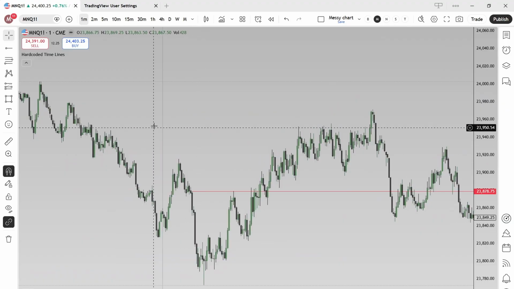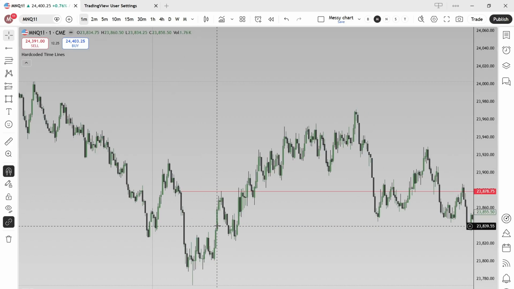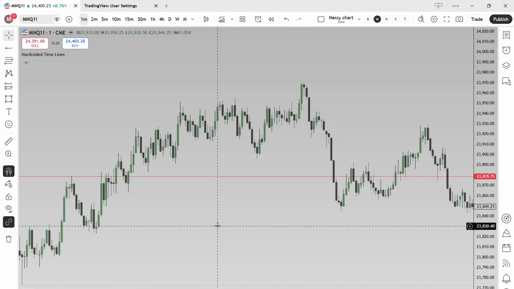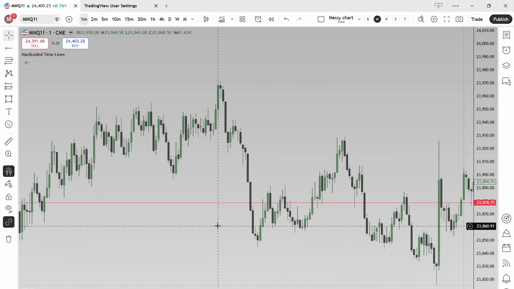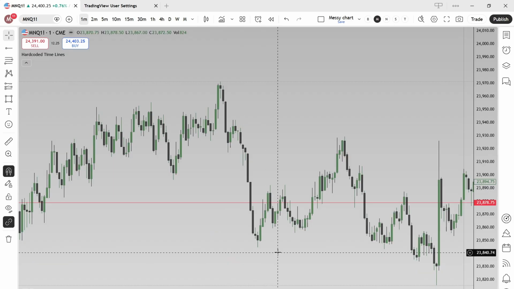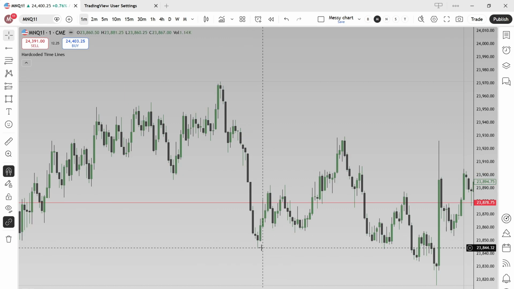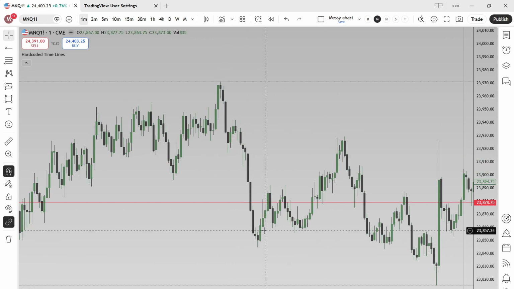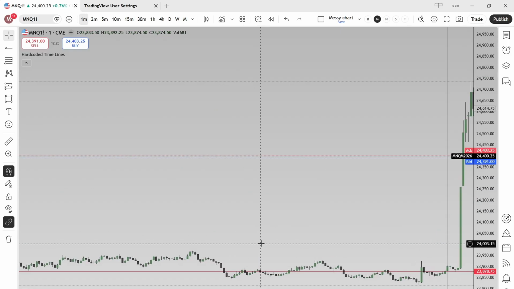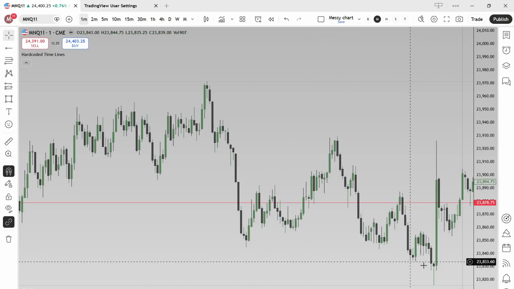After liquidity gets taken out, this high getting taken out, you wait for a retracement. This liquidity right here, if this move took out this high, I would have trailed to the bottom of this. If this took out this high, I would have trailed to the bottom of this.